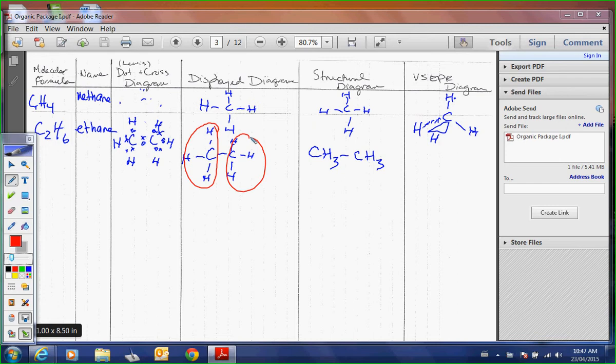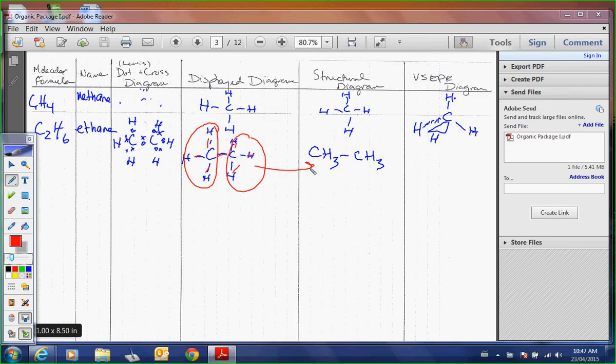Okay. Could you also draw it like that or no? CH3? Yeah. No. Or no, C2H6. Could you also draw it with all the sticks? Yes. So Devin's asked, can I always do the displayed formula for structural formula? The answer is yes. You can always do all of these lines for the structural formula.